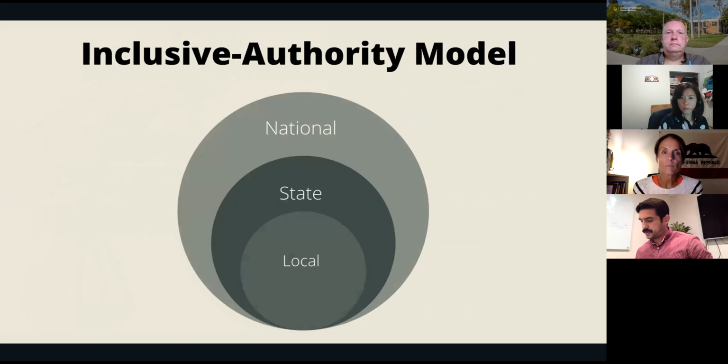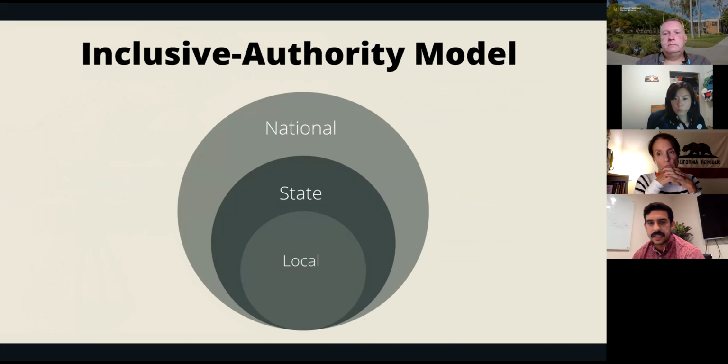So now we're going to move on to the next model, the inclusive authority model. As you can see, the circles diminish in size from national, state, and local, and that represents their power.